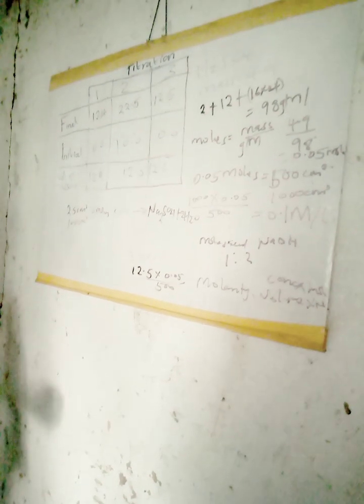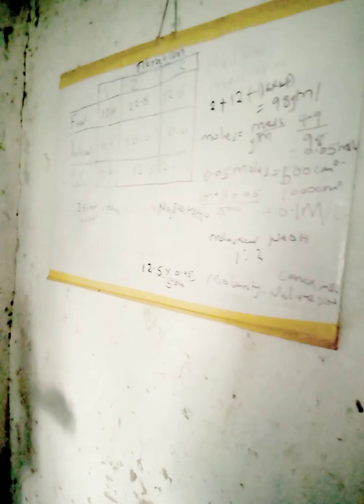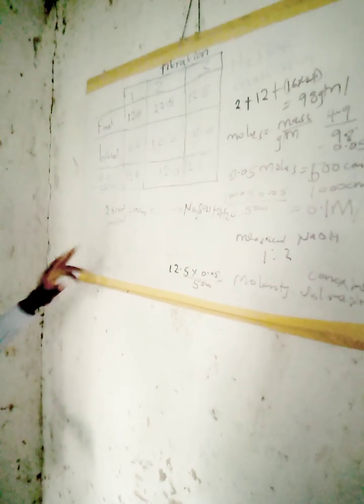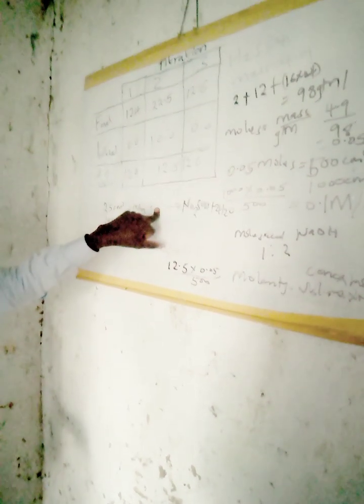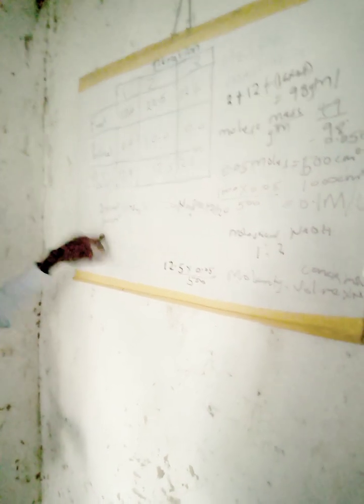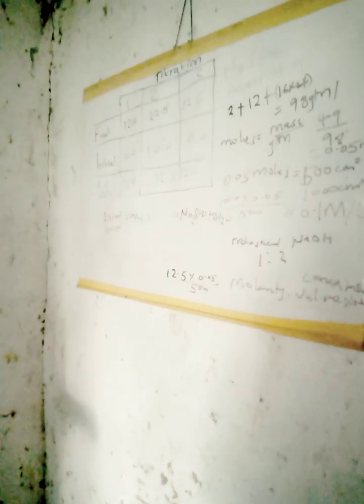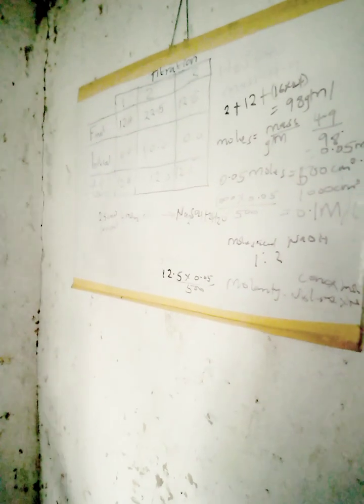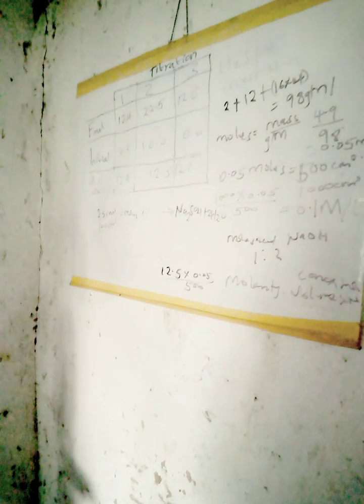You should keep in mind that molarity is in mole per liter. So what about 1000? When you find the number of moles of sodium hydroxide, you are going to equate with the 25 centimeter cubic and 1000. Then you get the molarity of solution C. So that is now our first table in titration.